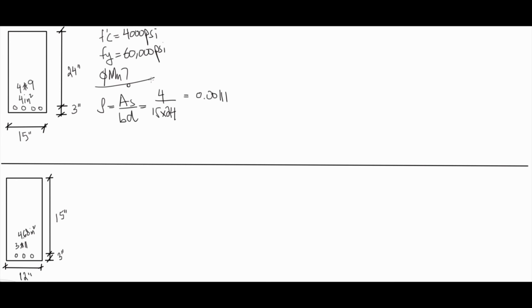Okay, so let's check first before even continuing and computing phi Mn design moment. Let me check if this beam is ductile, compression zone, transition zone, tension. Let's see. So first, let's compute rho max.